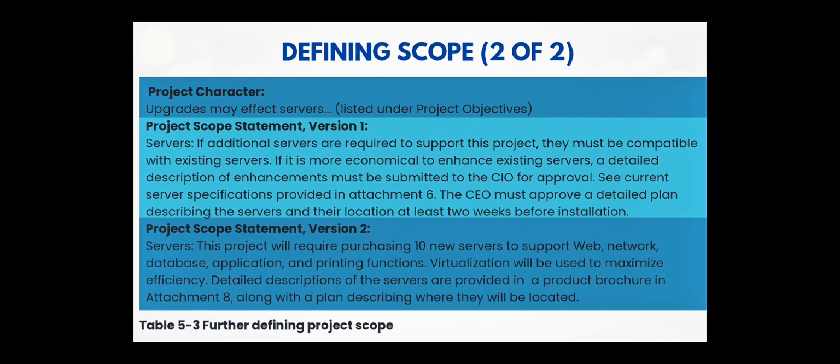As more information becomes available and decisions are made related to project scope, such as a specific product that will be purchased or changes that have been approved, the project team should update the project scope statement. The team might name different iterations of the scope statement version 1, version 2, and so on. This update may also require changes to other project documents.